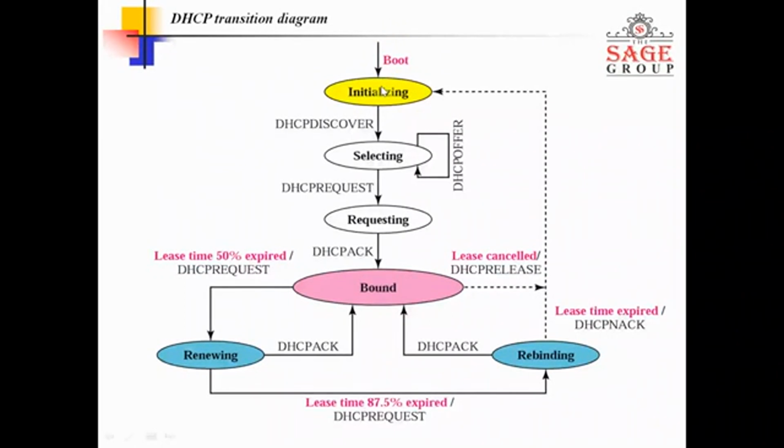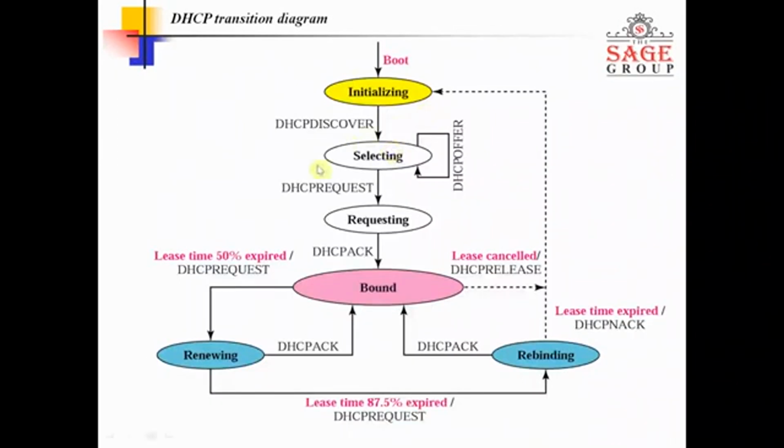First step is DHCP discover. Initialization discovers the DHCP value and sends it to the selecting part. Then selecting works in a self loop and offers the value of DHCP, the range of IP addresses we have to send to the client.